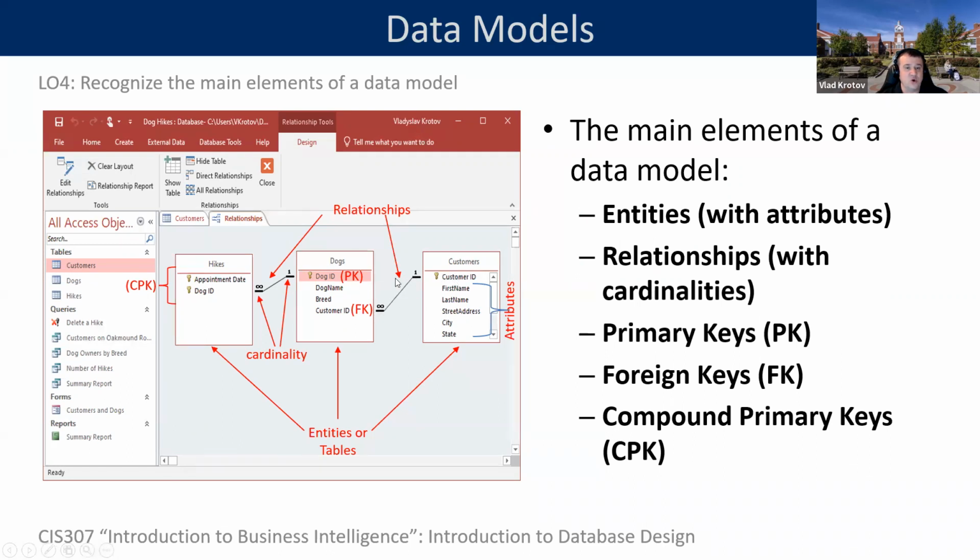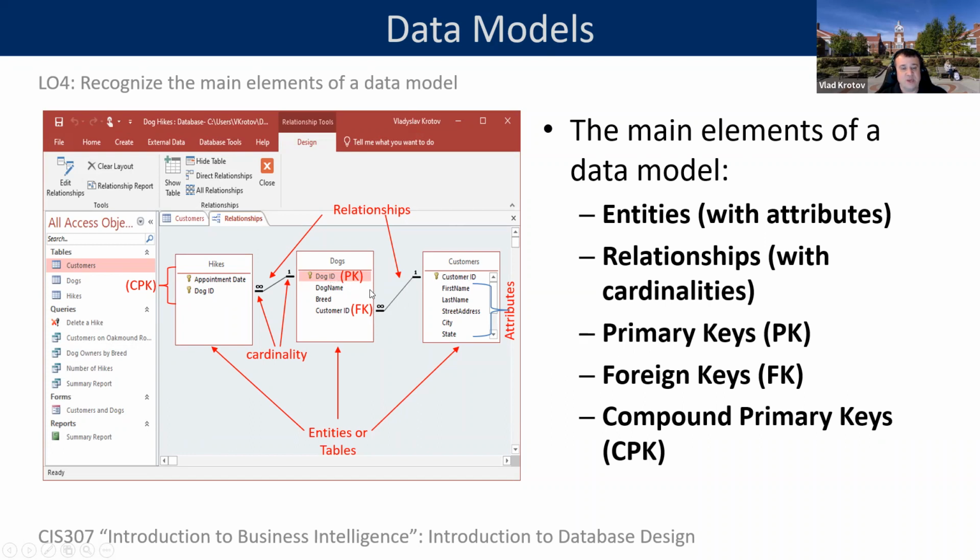So the reason you know that dogs are related to customers is that the customer ID is inserted in every dog record to indicate that this dog is related to a customer, right? So visually, those relationships are indicated using lines, okay? At the table level, those relationships are implemented using keys, right? Shared attributes.